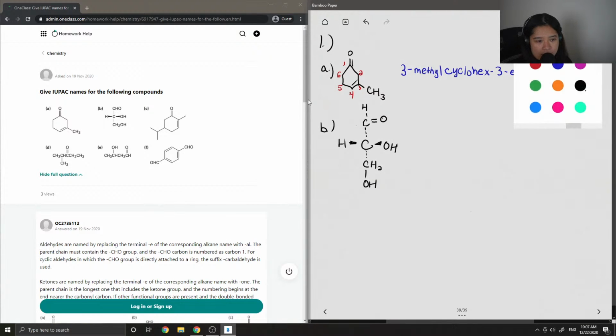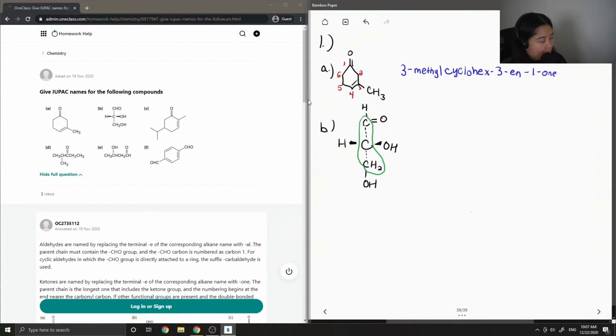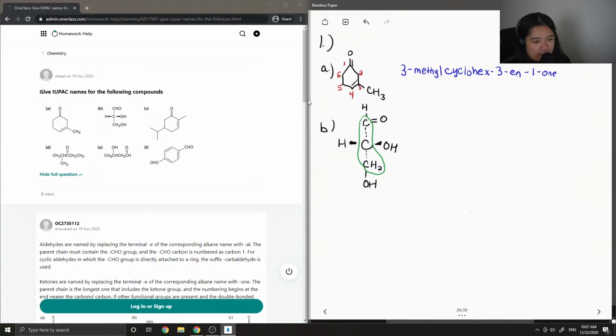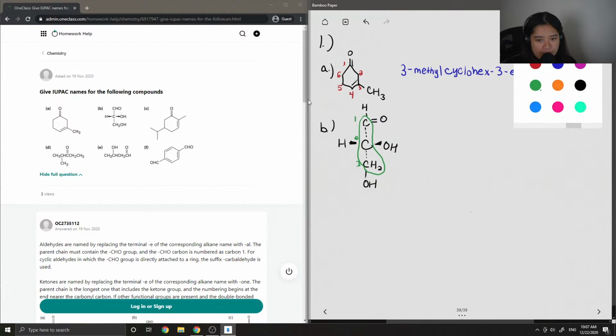Okay, so first, again, I'm going to find my parent chain. So in this case, it is these 3 carbons. And then I'm also going to number it, starting at the aldehyde, since that is the most important substituent on this chain. And now we just have to show which carbons have the alcohol groups.